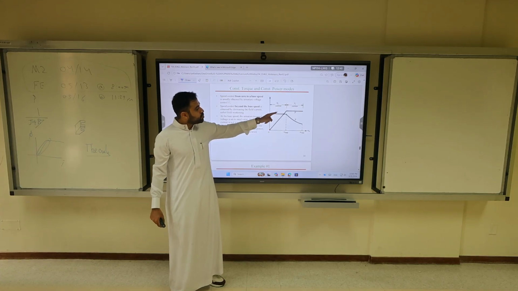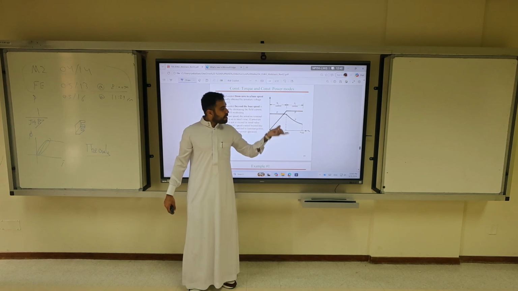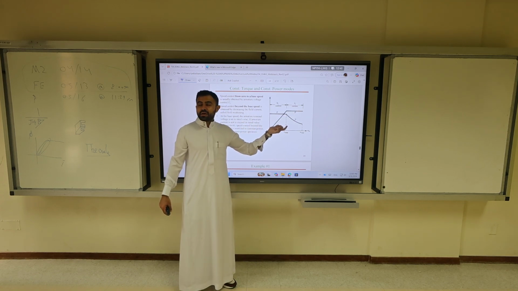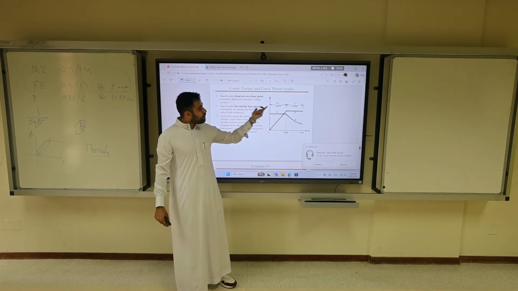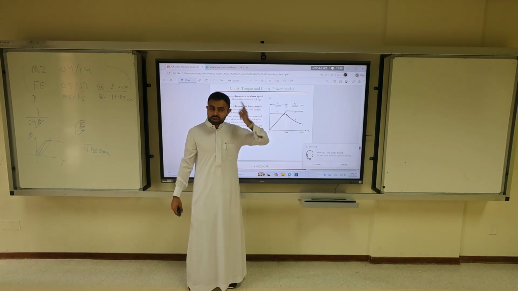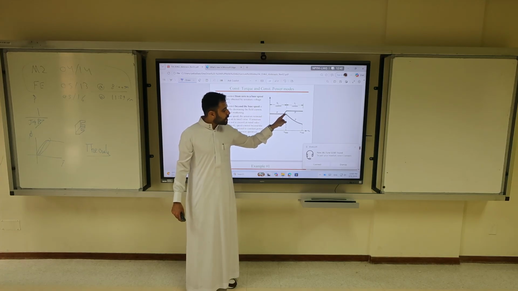Then after that you have the IF control. So what do we understand from this curve? Adding series resistance is not good as a general control strategy, it's only temporary. But V and IF control traditionally are the ones used. You start with V control until you reach V rated.